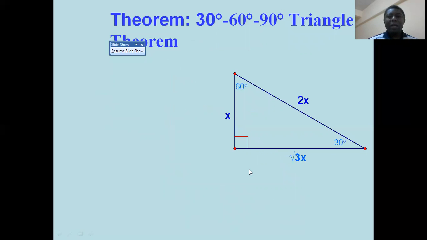So this is another special triangle. It's the second special triangle that we are going to be looking at, and it's the 30, 60, 90 triangle theorem. Remember, the first one was 45, 45, 90.